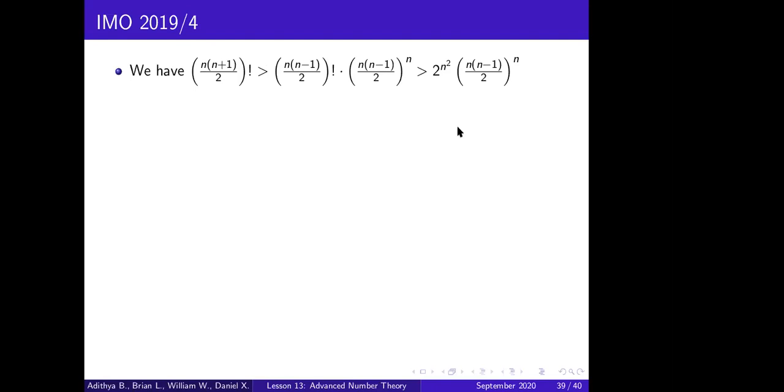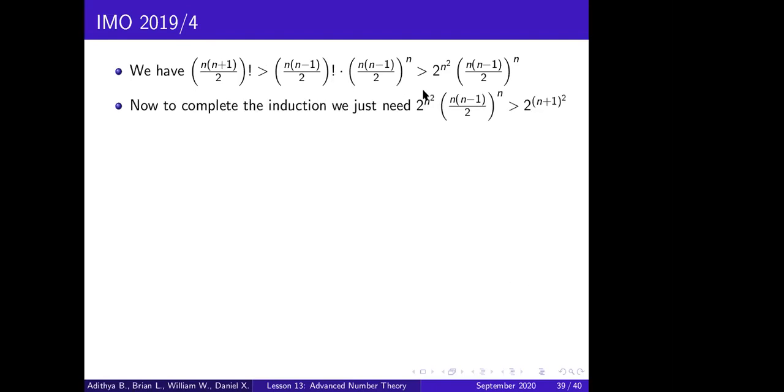So, well, if we can show that this last inequality is true, then we can be done, right? So, well, we can simplify this by canceling out 2 to the n squared. And then we can simplify this some more by taking an nth root.